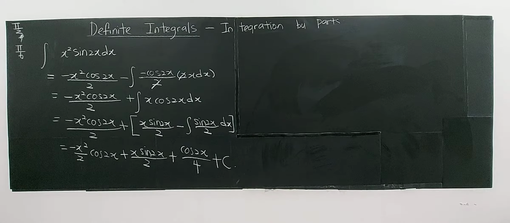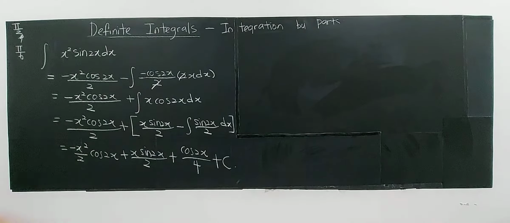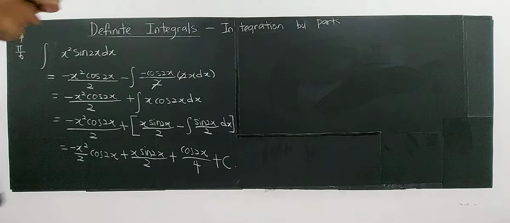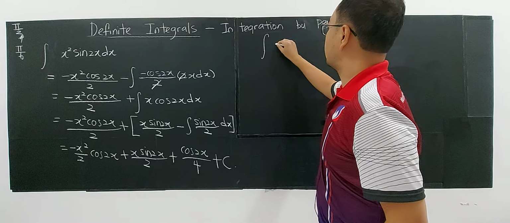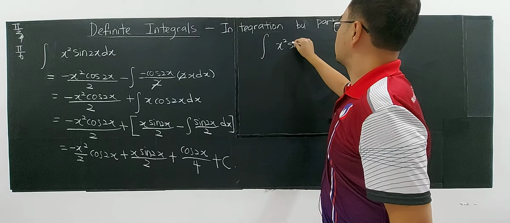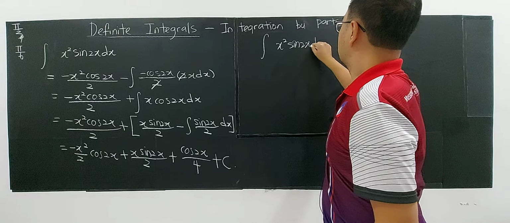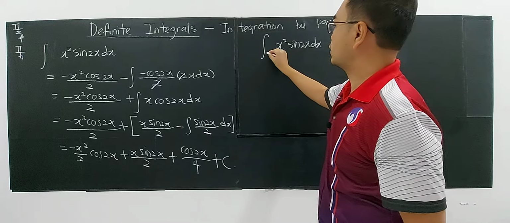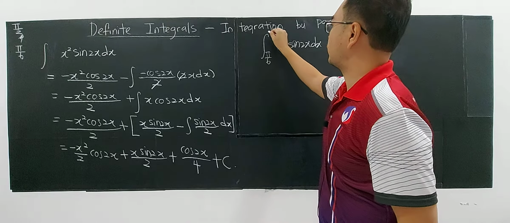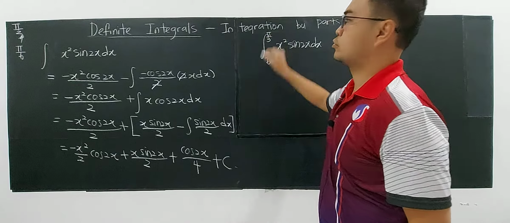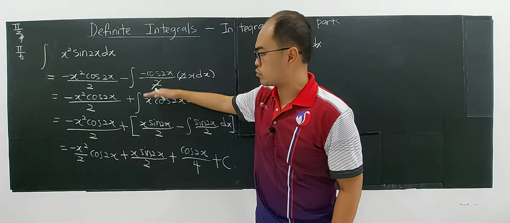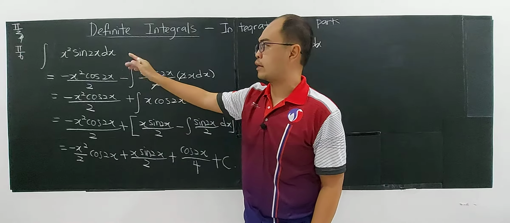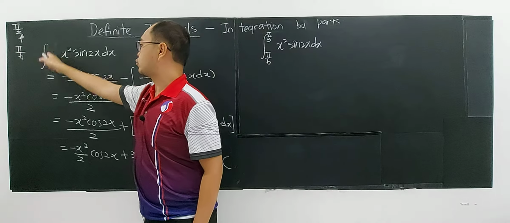Alright, now this is not what we want, as initially the question is asking you to evaluate the definite integral from pi over 6 up to pi over 3. But we solved it in the indefinite way because we don't want to write pi over 6, pi over 3 many times.